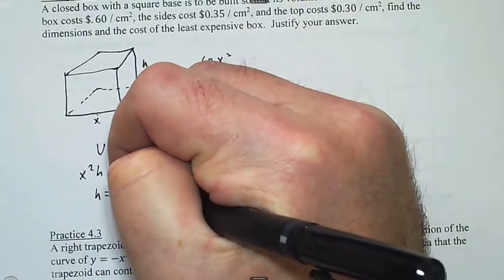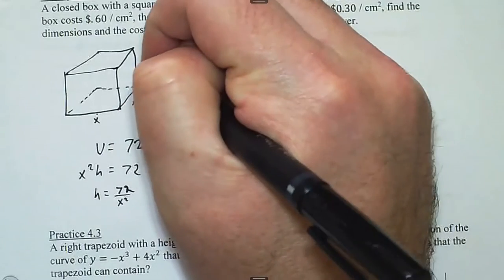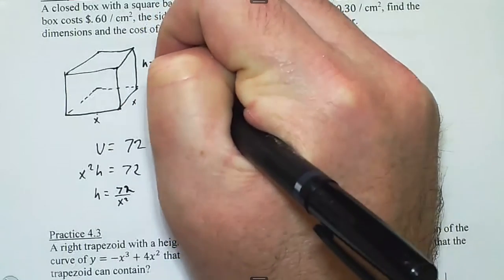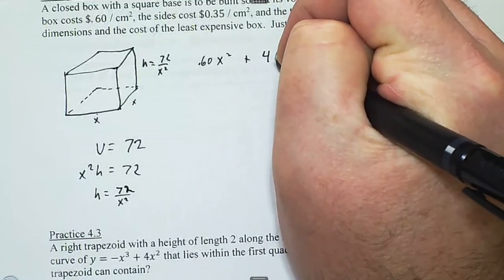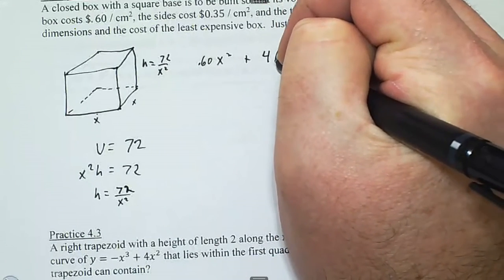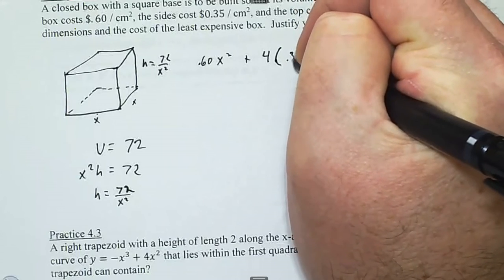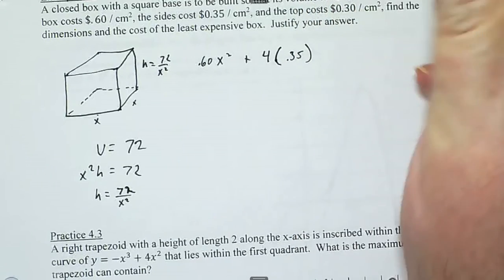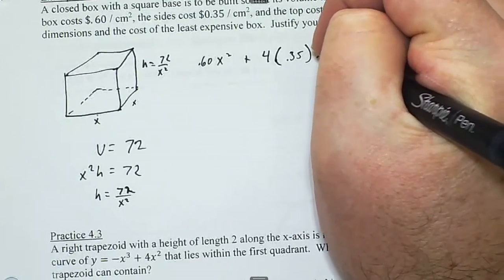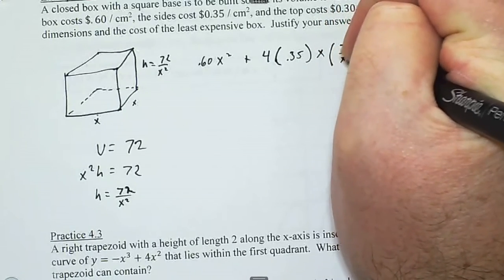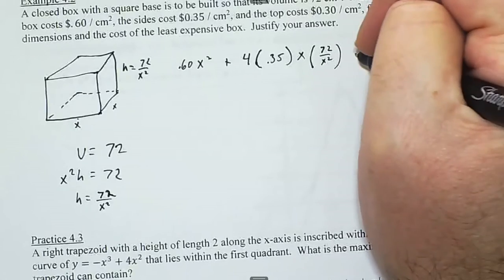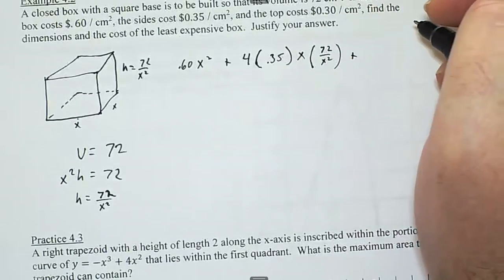So I can now use that to find the other side length. So there are 4 sides, and they are 35 cents per square centimeter, and the area of those sides are the length times the width. So x times 72 over x squared. All right, lastly, we can find the top.